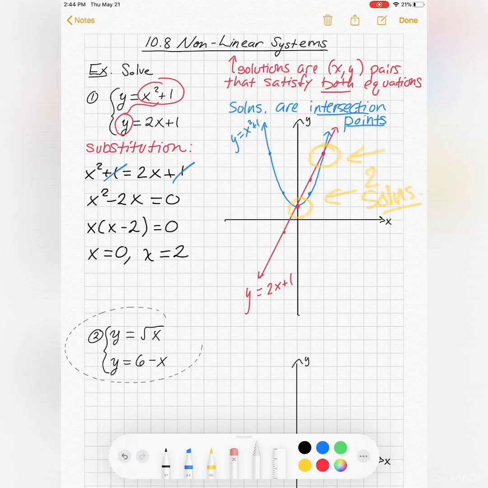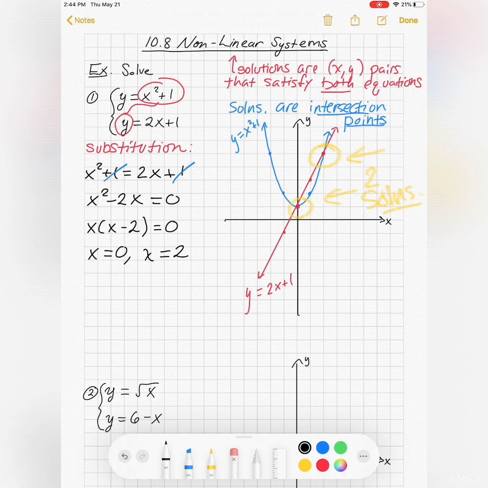Now remember, solutions are coordinate pairs. So what I know so far is my solutions are going to be like 0, something and 2, something. Don't forget I have to get the corresponding y values.